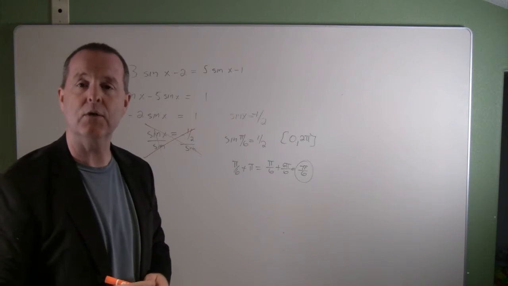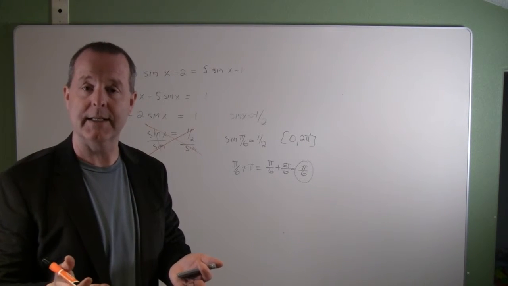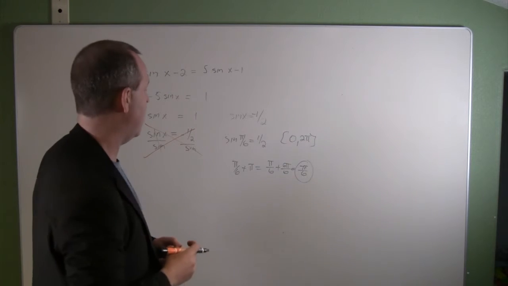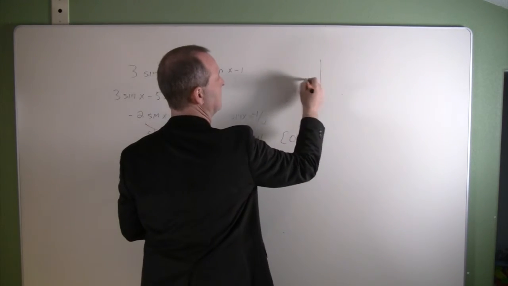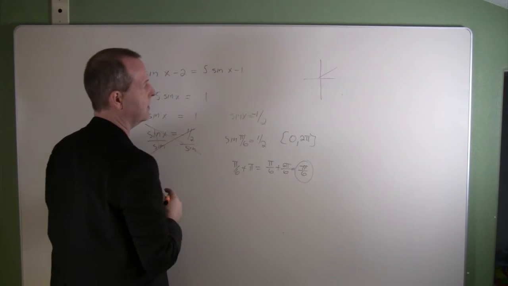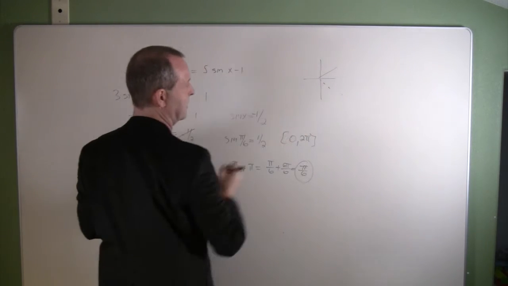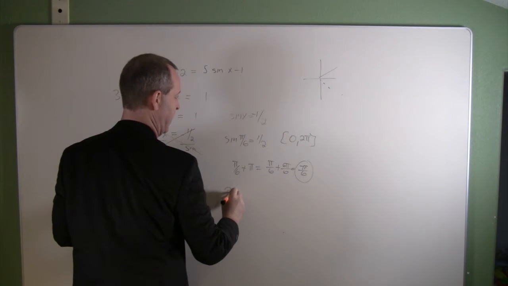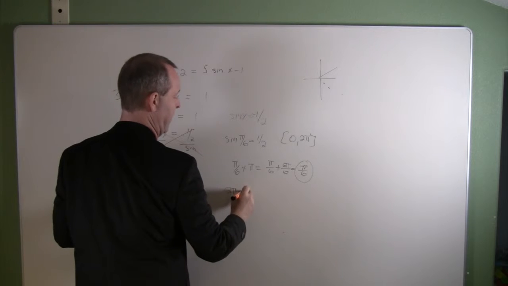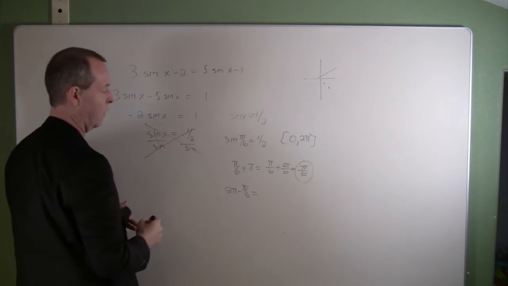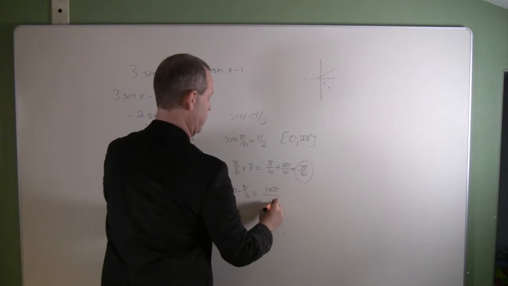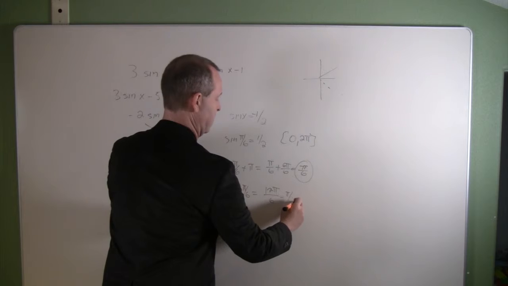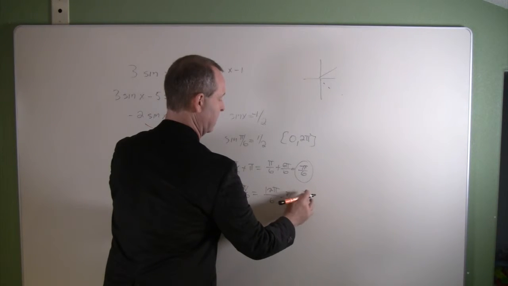But I know there is a solution in the 4th quadrant as well, because the sine is negative in the 4th quadrant. So how do I get there? If I have my basic angle in the 1st quadrant, let's subtract it from 2 pi. It's going to bounce it down there. So I take 2 pi minus my acute angle, pi over 6. That becomes 12 pi over 6 minus pi over 6 equals 11 pi over 6.